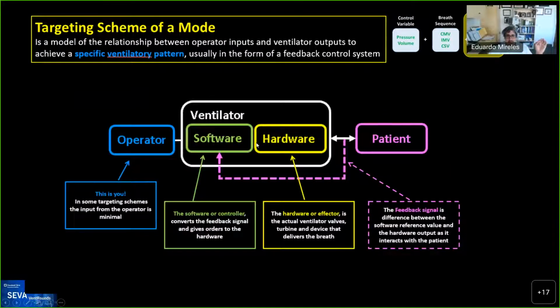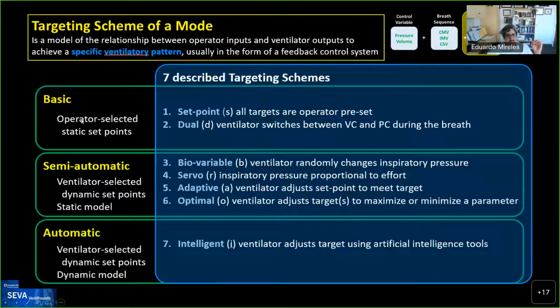And there are different ways to memorize this, but I think that going over them is probably the easiest for all of you. And you'll see here a way that we have divided or subdivided them. But this is mainly for you to understand that there are targeting schemes in which you essentially are going to put most of the values of what you want the ventilator to do.